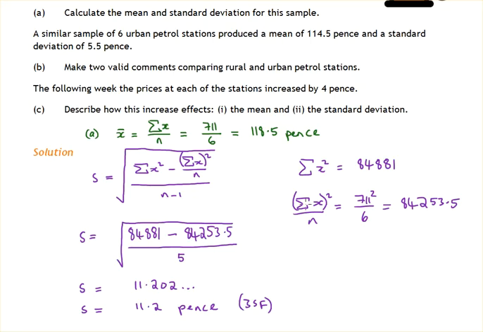So when we're asked to make two valid comments, one of them will certainly be about the average price. And there's two ways of saying it. On average, the rural petrol is more expensive, or on average, the urban petrol is less expensive. Doesn't really matter which one you go for.